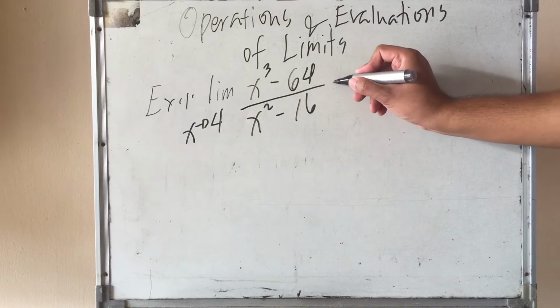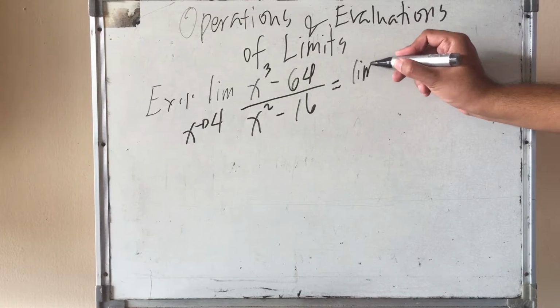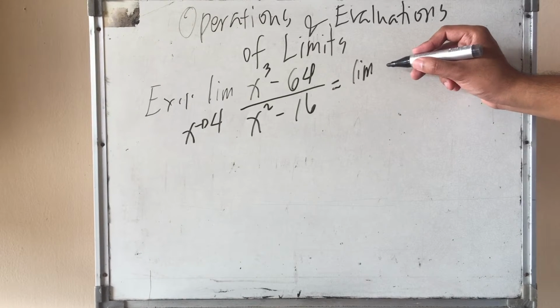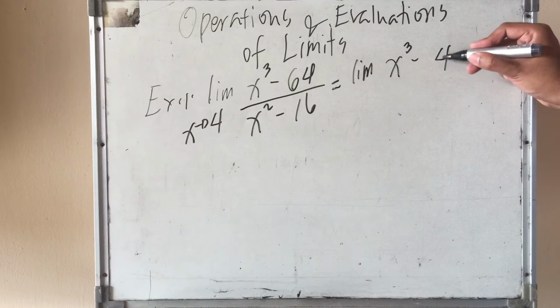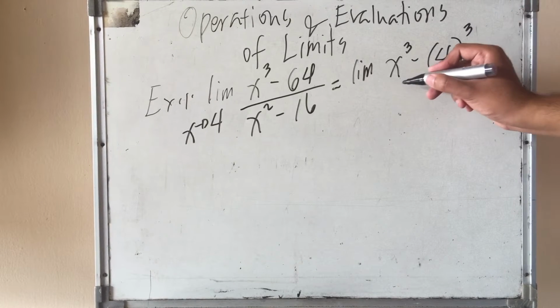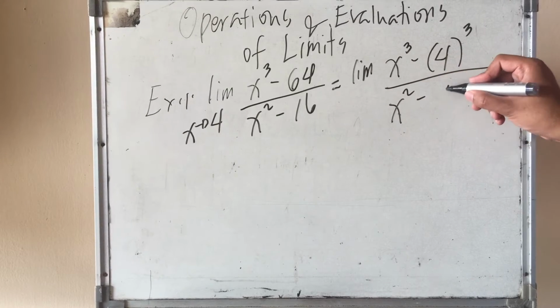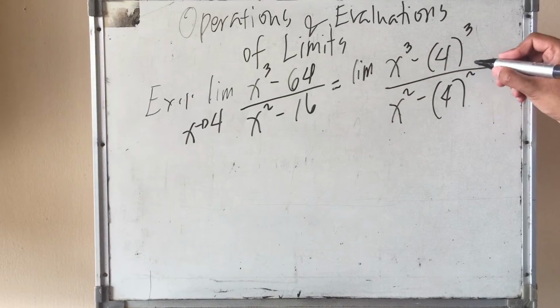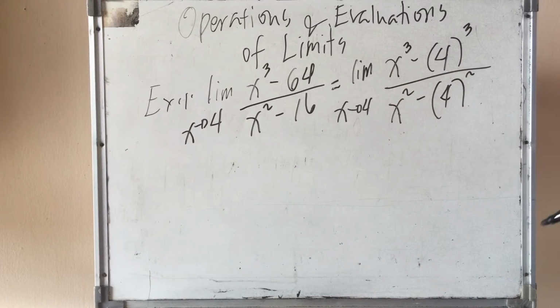So this is equal to the limit of x cubed minus 4 cubed divided by x squared minus 4 squared as x approaches 4.